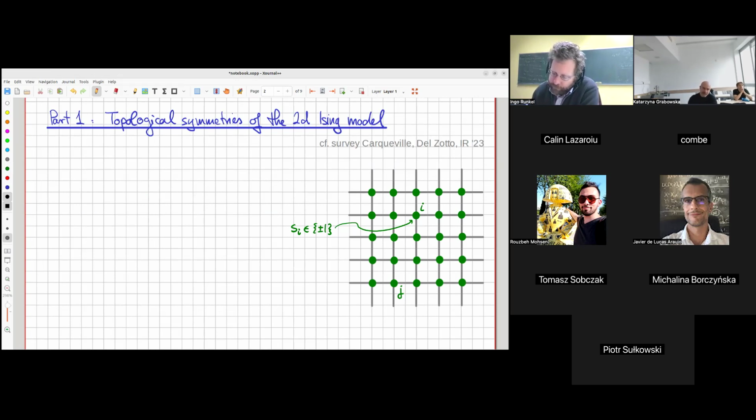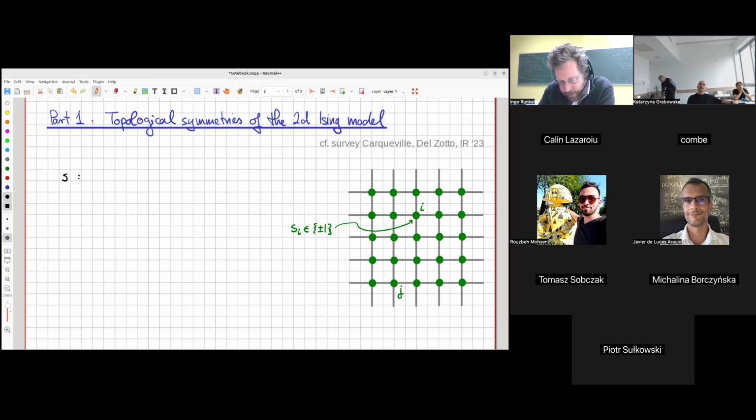In two dimensions, you think of having a square lattice, like in my picture here, and the square lattice has sites. To each site, you assign a spin variable, plus or minus 1. And then you want to do statistical physics. So if each site has such a spin, I will collect these in a function.